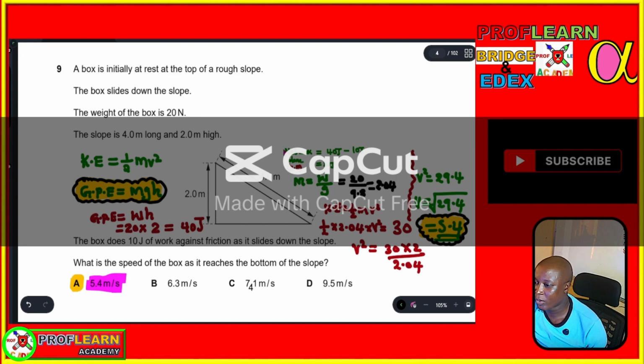So the first thing that we need to remember, the net work done is equal to the kinetic energy. And that net work done is going to be 40 joules minus 10, because we are told that the box does 10 joules of work against friction. And how are we getting the 40?